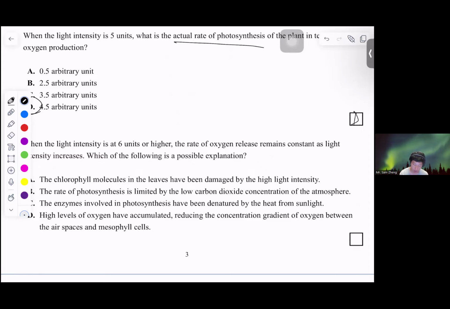Definitely not. Actually, a higher light intensity will give a higher photosynthetic rate, but there is a limit, so maybe some other factor limits the photosynthetic reaction. For example, B, the rate of photosynthesis is limited by the low carbon dioxide in the atmosphere. So the answer here would be B.